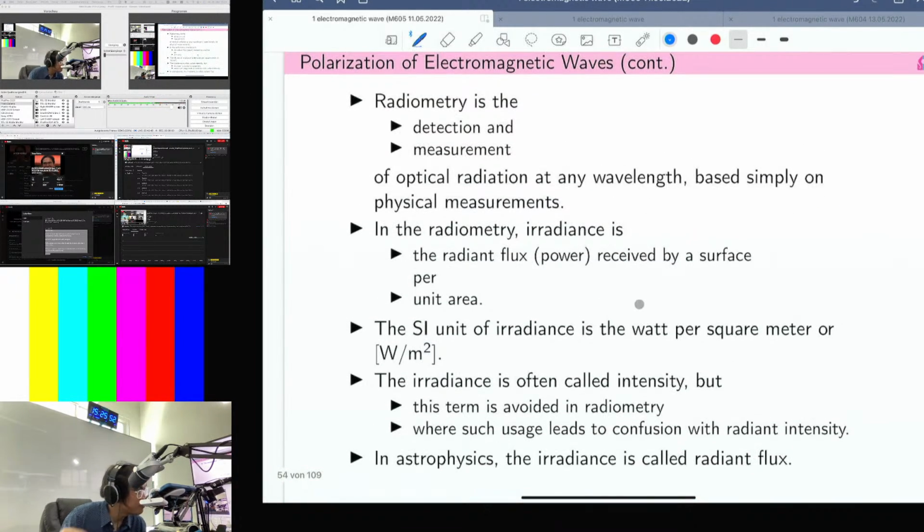Okay, now we will talk about the calculation of the intensity of the light.